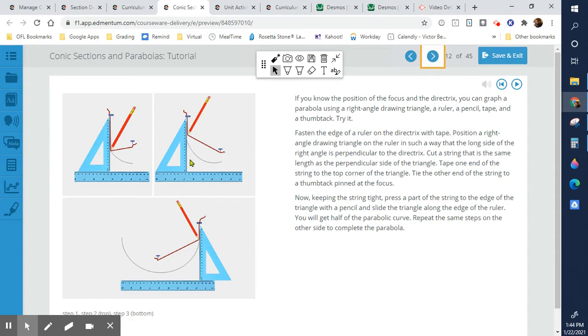So this idea of a focus is what I was talking about here. If you took a string right at the focus, you can detach the string from the focus to a point on the parabola and drop it down, and it'll hit the straight line on the directrix.